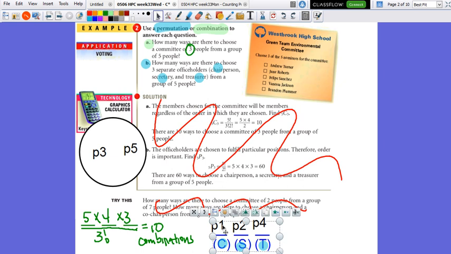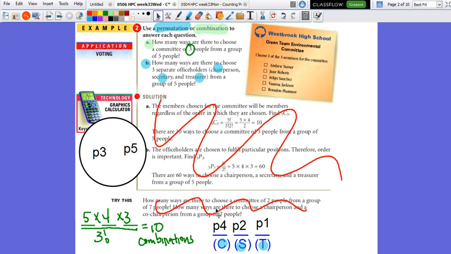But if I switch up P1 and P4, P1 here and P4 here, then now P1 is the treasurer and P4 is the chairperson. So that's why order matters for B.